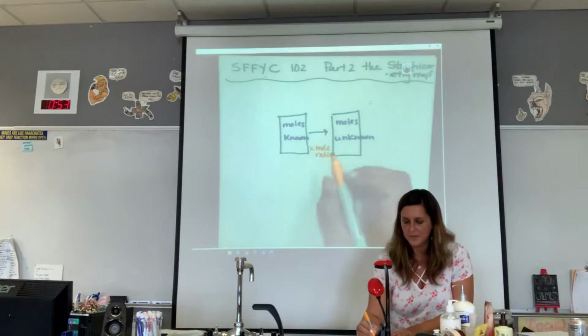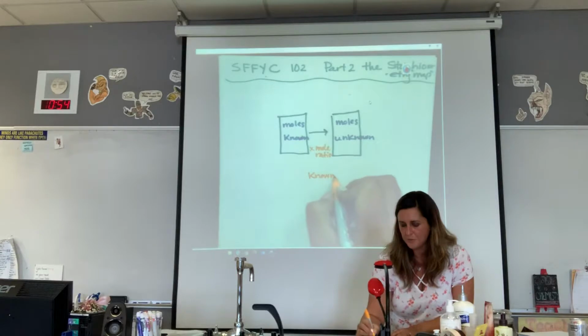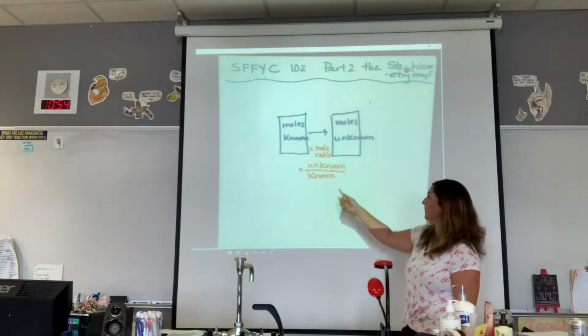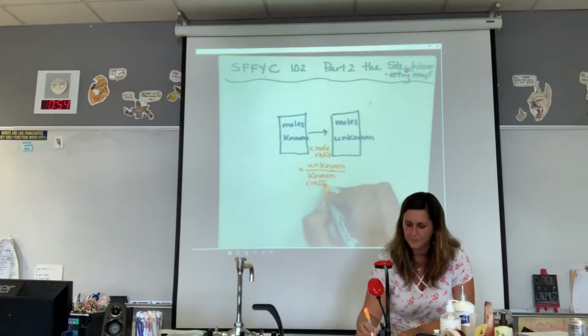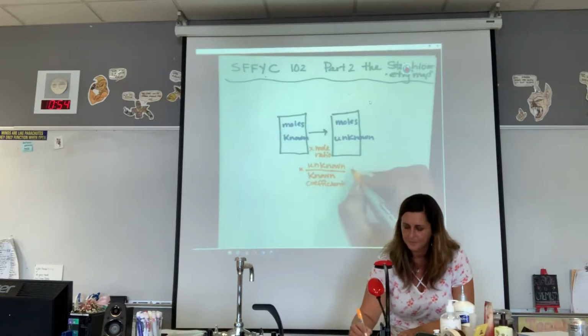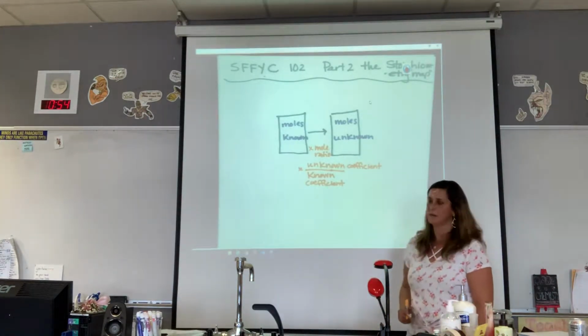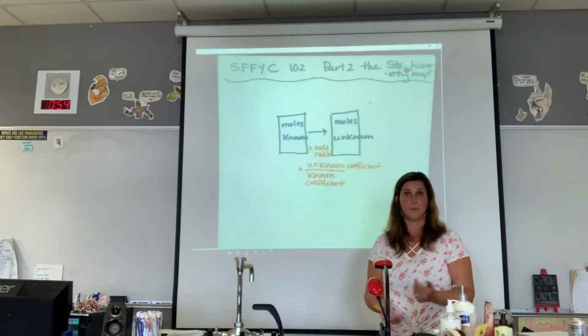The mole ratio that you would use is always going to be the coefficient of the known substance on bottom and the coefficient of the unknown substance on top. So remember, these represent coefficients. And we'll do an example so you can see what I'm talking about. So if I want to get from moles of the known substance to the moles of the unknown substance, I multiply by a mole ratio.